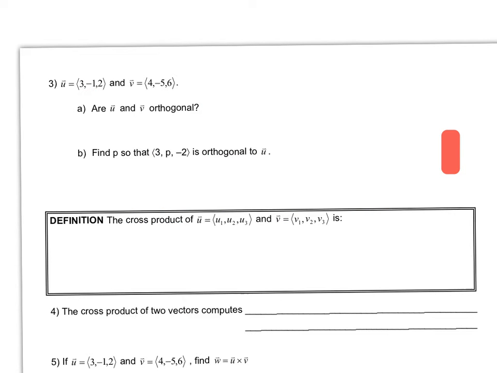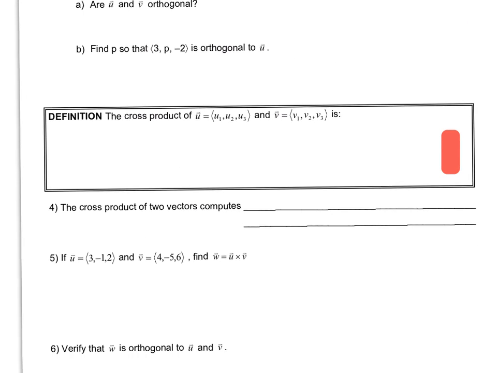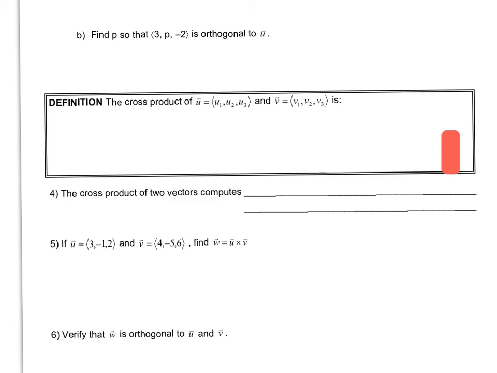Okay, so I had to remove a bunch of stuff because this keeps giving me technical difficulties. So let me jump back in here. So we've got the cross product of u cross v, so that would be vector u cross vector v. I will show you the formula, which is pretty complex, but first I just want you to understand what it's used for.